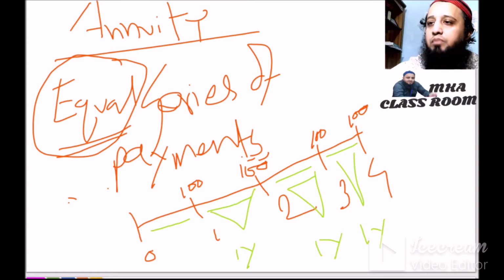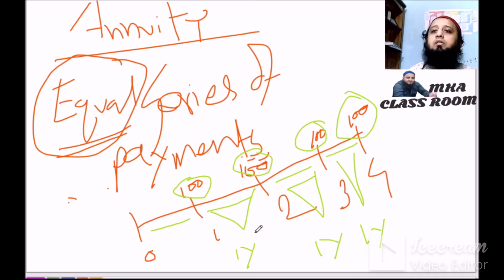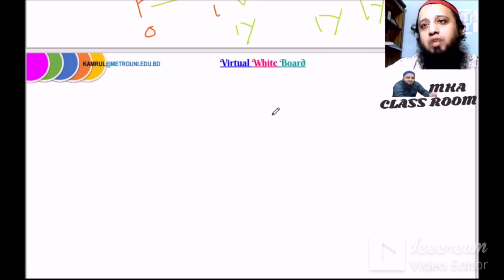So that is annuity. The amount should be equal and the time interval from one payment to another is also equal. This is actually annuity.